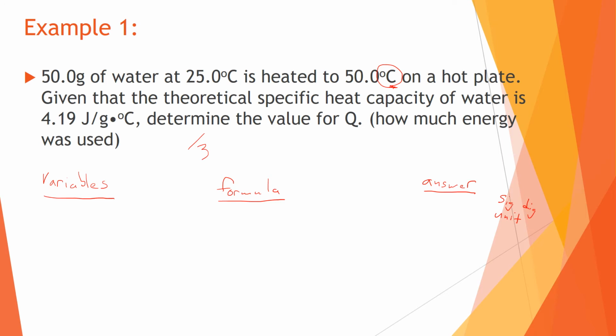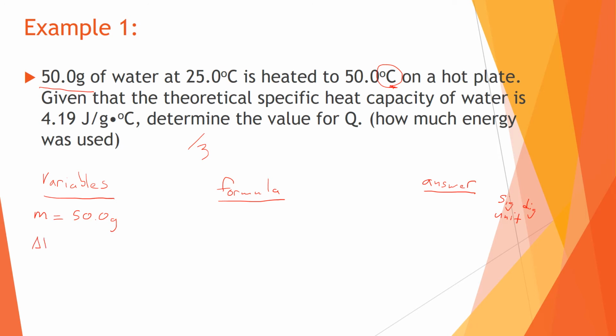All right, so let's take a look at what they're telling me here. They're telling me that I have 50 grams of water. Okay, so that's my mass. Now remember, mass always has to be in grams, so we're okay here. It's telling me that the water temperature started at 25 degrees and it was heated to 50.